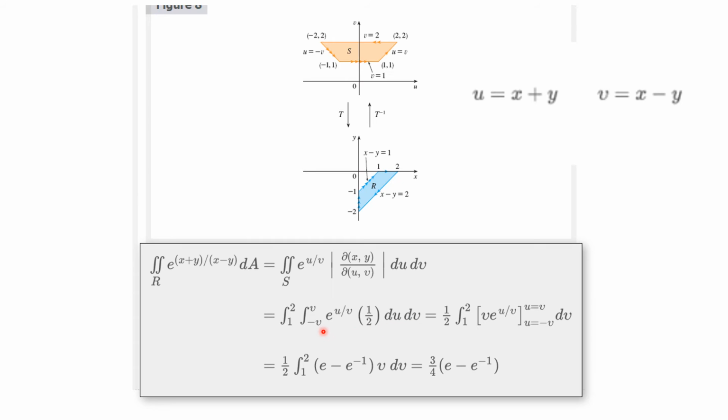So when we fix v, we go from −v to v. That is du. We integrate that, and now we have an integral that we can do. We substitute in and do the calculations. Make sure you verify the calculations, and then we integrate with respect to v, and we get this number. This is the exact answer.